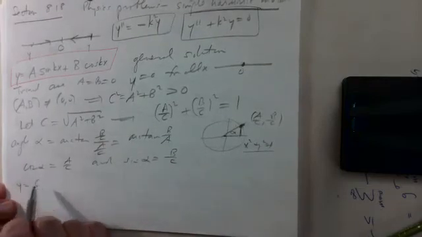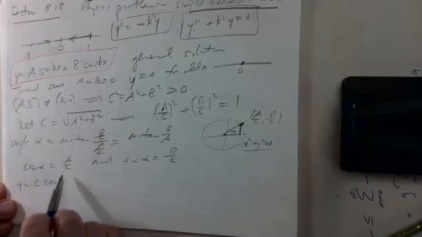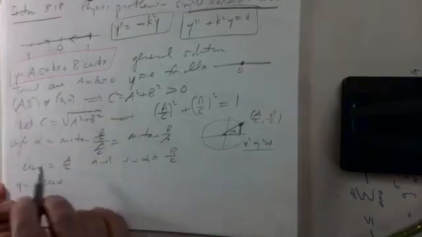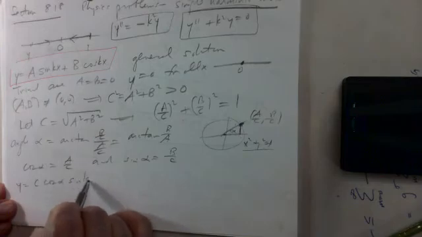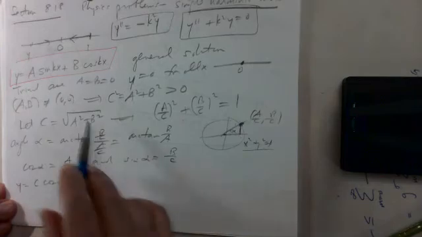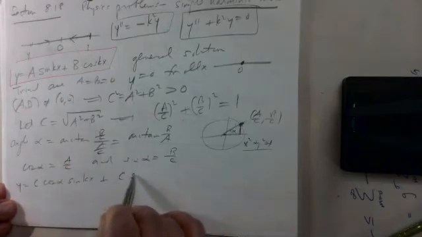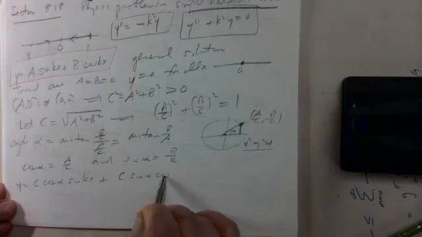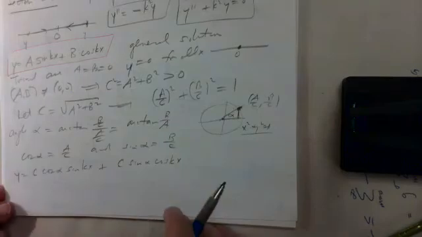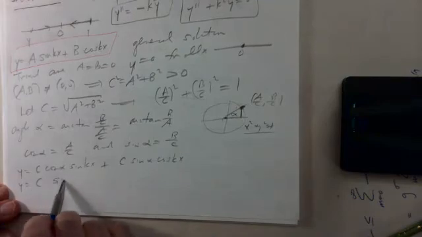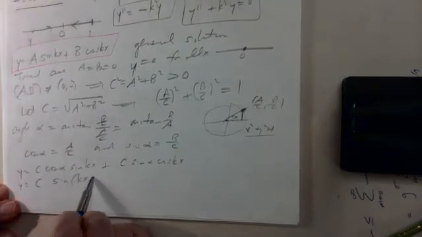So y is equal to c cosine alpha, that's what a is, sine kx, and b is c sine alpha cosine kx. And I know the addition formula for the sine, y is equal to c times this, which is exactly the sine of the angle kx plus alpha.